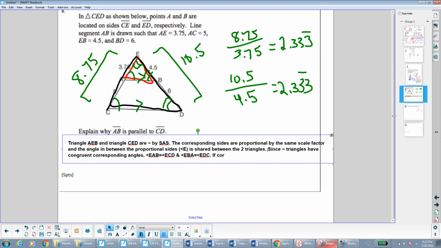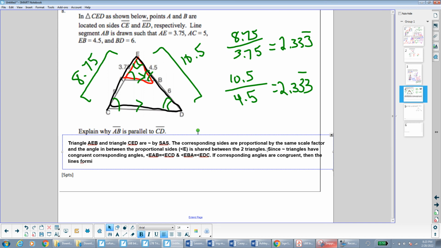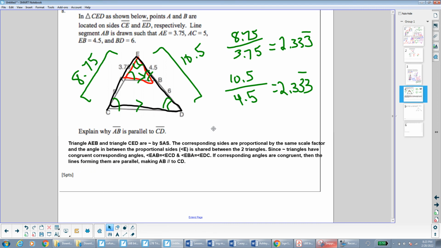If corresponding angles are congruent, then the lines forming them are parallel. And I'll just finish it up, making AB parallel to CD. And there we go.